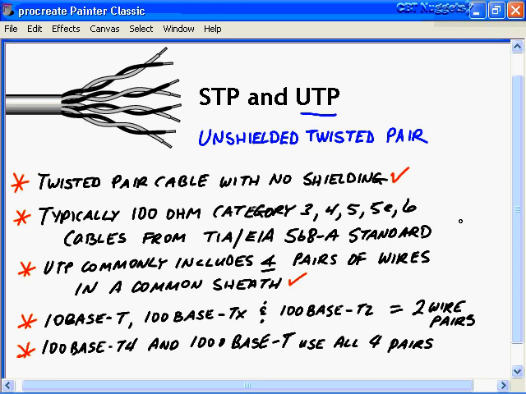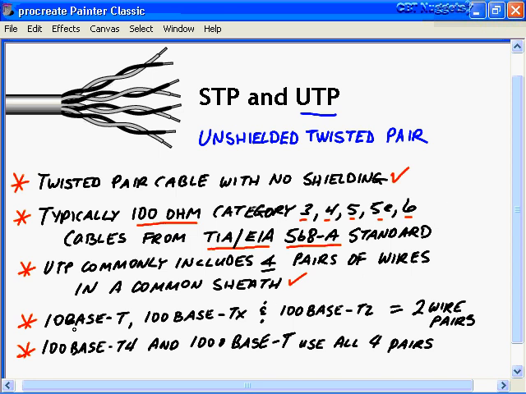Now, typically, UTP cable is 100 ohm, category 3, category 4, category 5, 5E, 6, soon 7 category cables using the TIA/EIA 568A standard. Don't need to really memorize that, but if you want to do a Google search on that to get more information, feel free to do that.